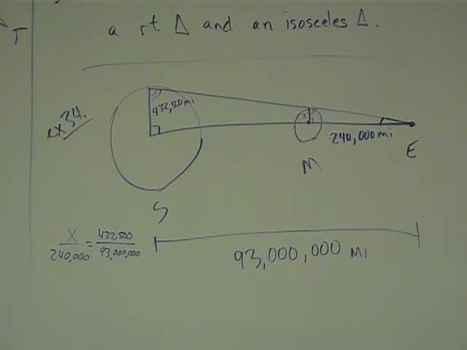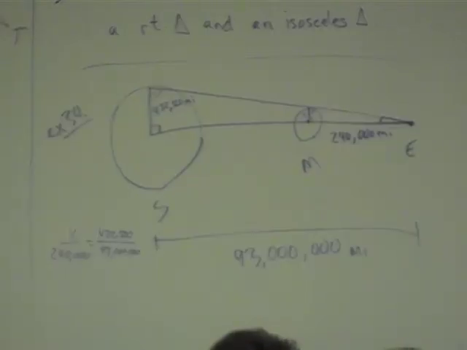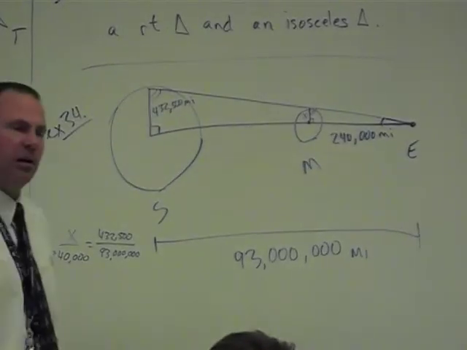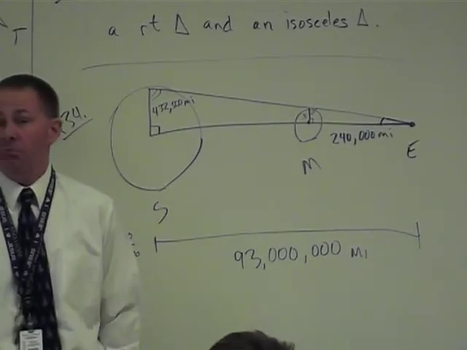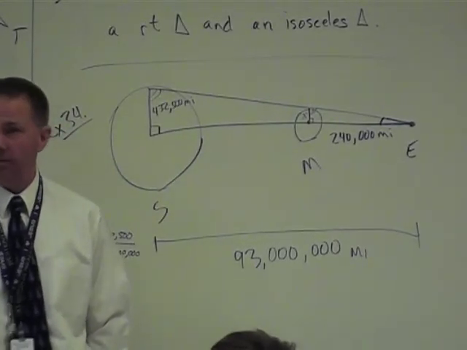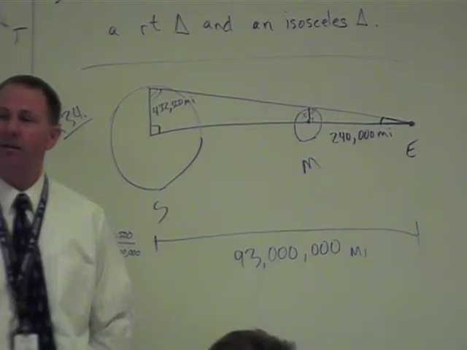Are these actual numbers? Yes. So my next question while you're figuring that out is, how do we know what these numbers are? Since obviously we've never been to the sun.